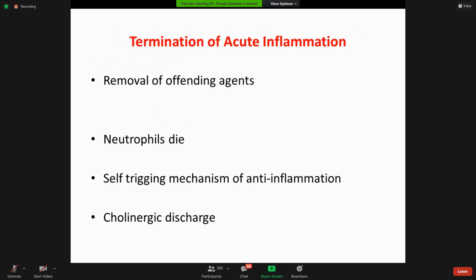Well, so far we have talked about the procedures of acute inflammation, but what happens when acute inflammation is terminated?